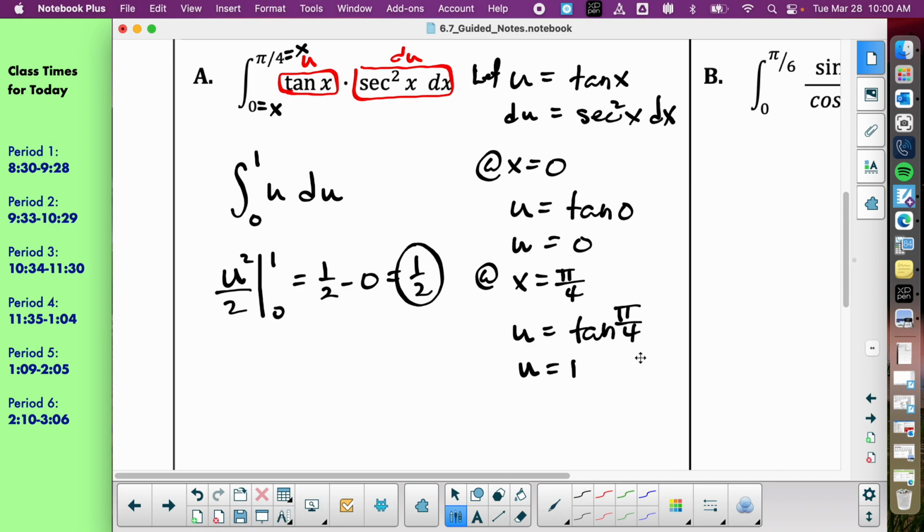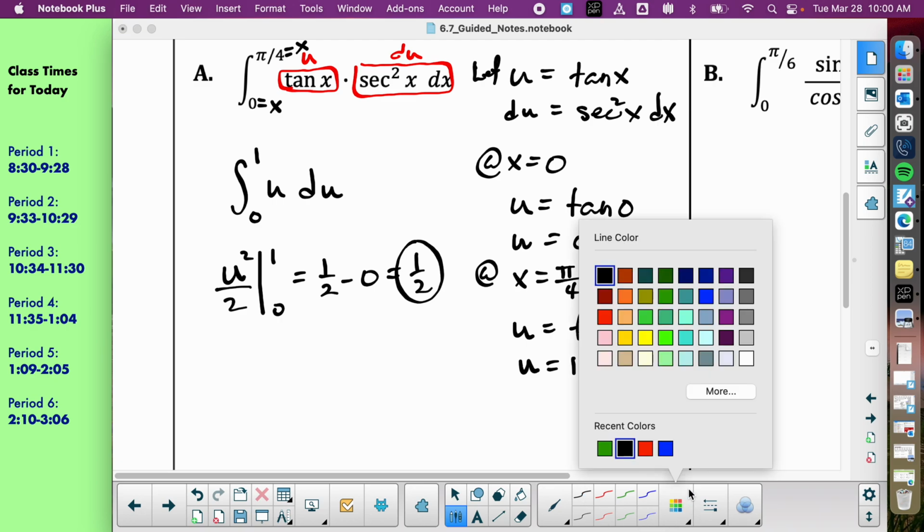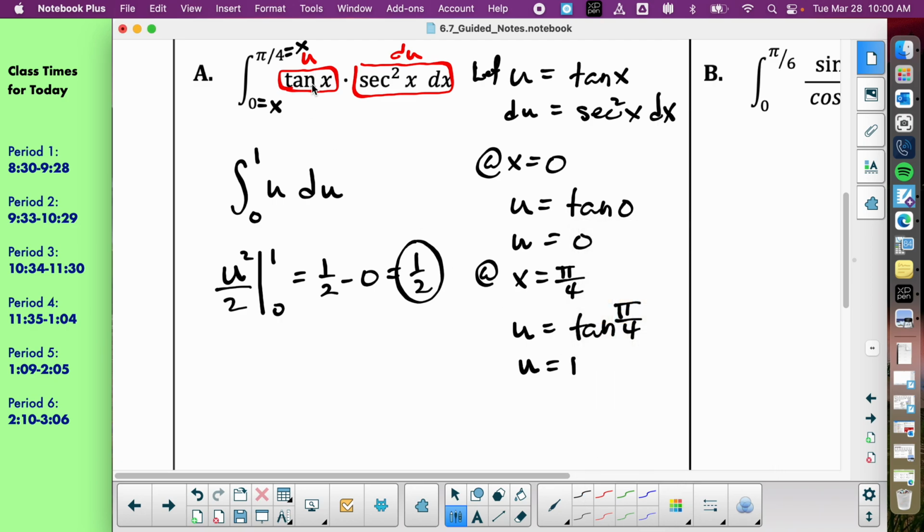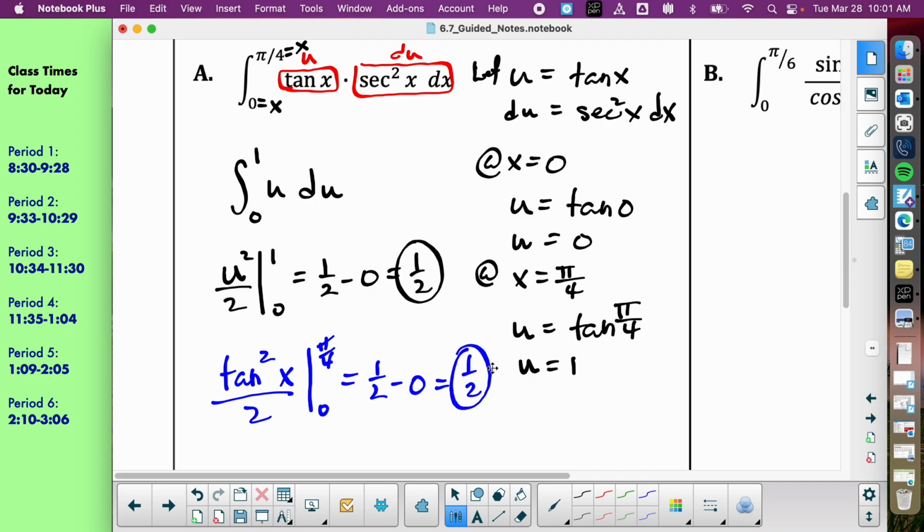Because if you were the person that decided that you knew this was tangent to the first times its derivative, you could immediately write the answer as tangent squared x over 2 from 0 to pi fourths. And now when I plug this information in, tangent of pi fourths is 1, 1 squared is 1, divided by 2 is 1/2. Tangent of 0, 0 squared is 0, divided by 2 is 0. And you would get the same answer.